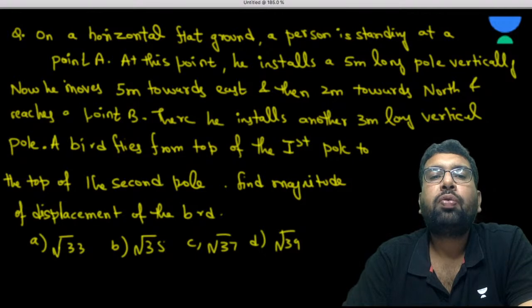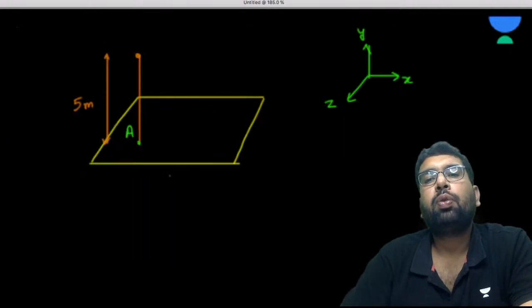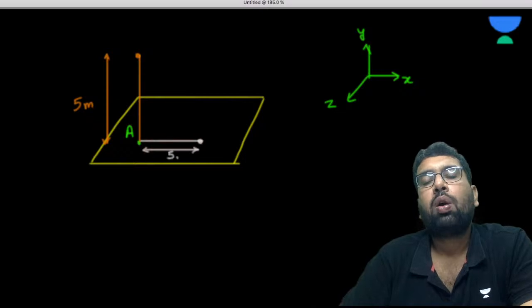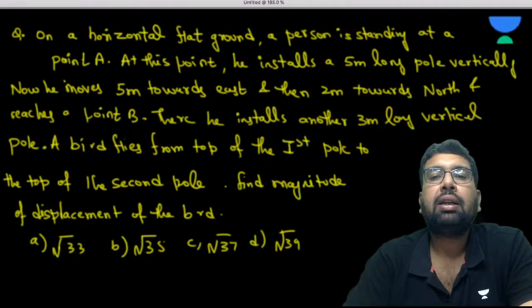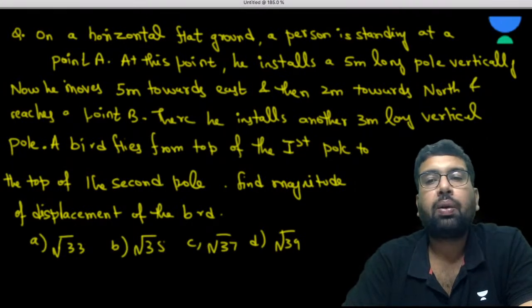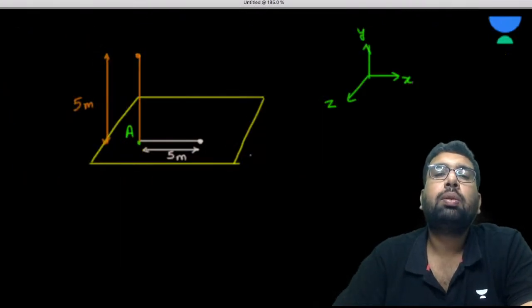Now he moves 5 meters towards the east. From A, he moves towards the east, that means he moves along the X. Then 2 meter north from this point.